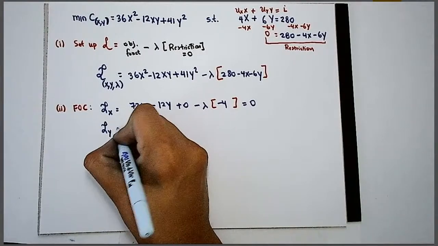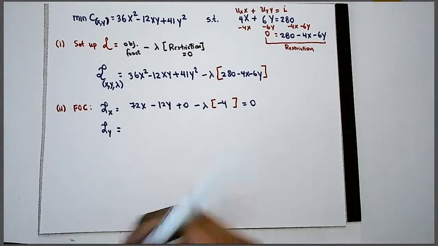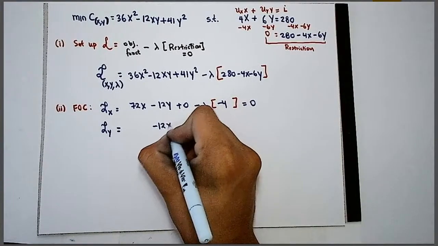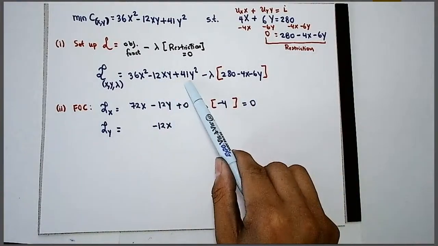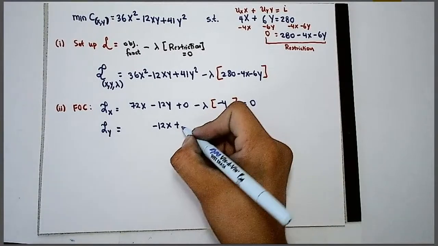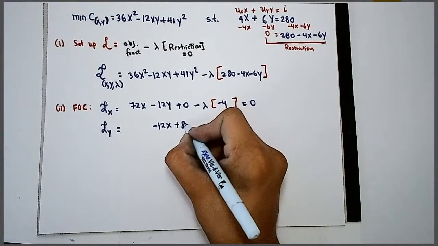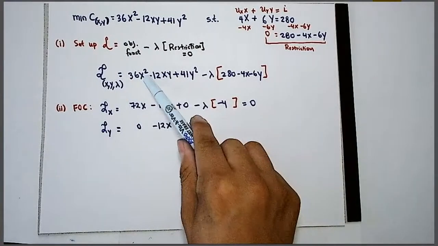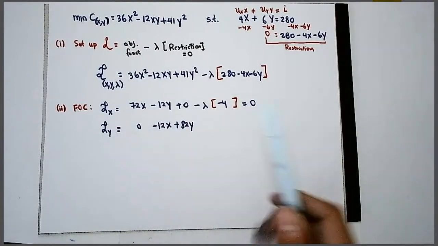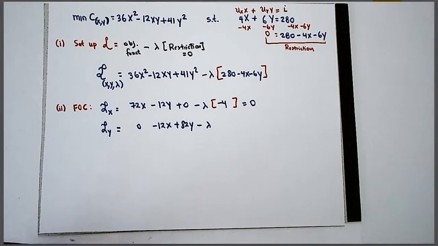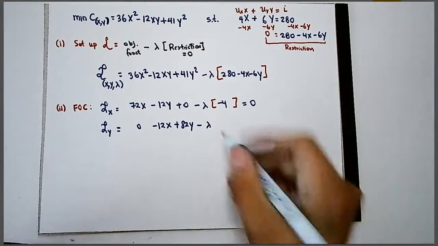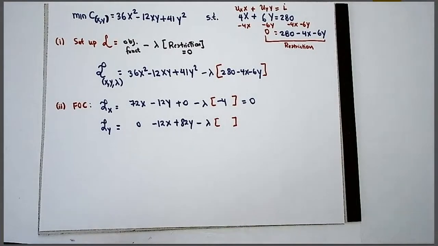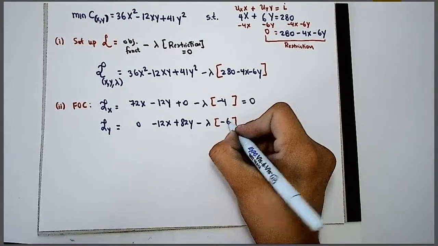Now the Lagrange with respect to y. So here we have minus 12x and then plus 82y. The first one is 0 because it does not contain y. Minus lambda times the derivative with respect to y, which is simply minus 6.